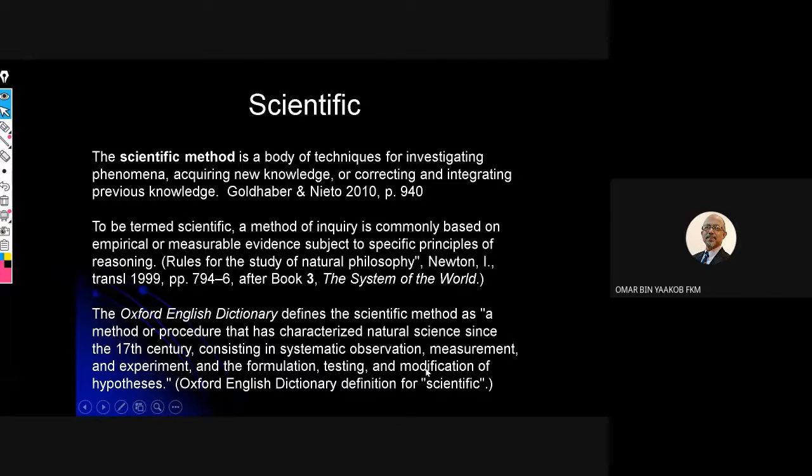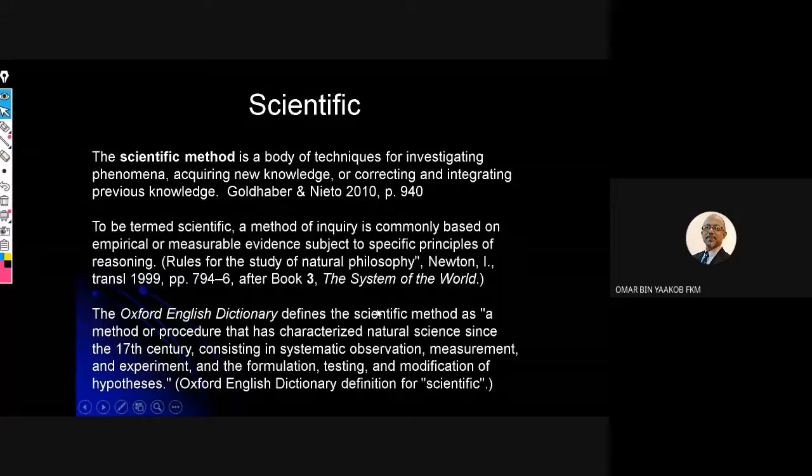One thing is it is systematic. It involves observation and measurement. It involves evidence. You must have evidence. So it is systematic observation, measurement, experiment, and formulation, testing, and modification of hypotheses.